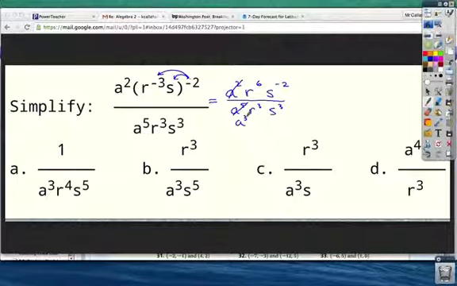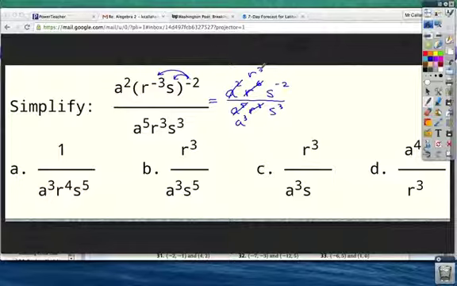A to the 3rd. Right? R to the 6th divided by r to the 3rd, that means you've got r as a factor 6 times in the numerator, but it's only 3 times in the denominator. So these 3 cancel 3 of those, and what's left? R to the 3rd.